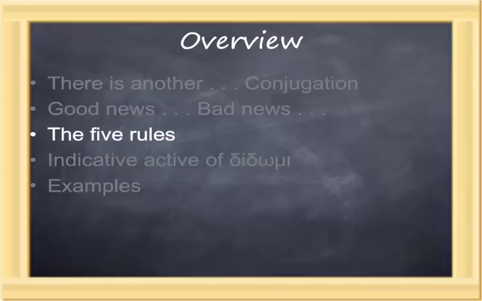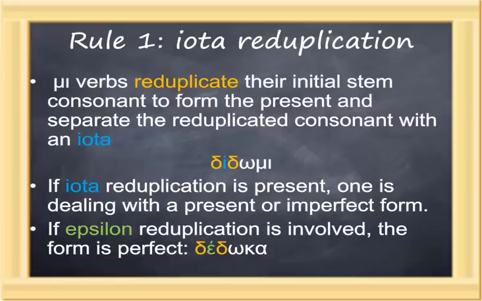So what are the 5 rules that help us identify forms? We take them up one at a time. Rule number 1, iota reduplication. Mi verbs, athematic verbs, reduplicate the initial consonant of the root to form the present and separate the reduplicated consonant with an iota. So from the root da, the reduplication is di-da, iota reduplication, and that's an indicator of the present stem being involved.